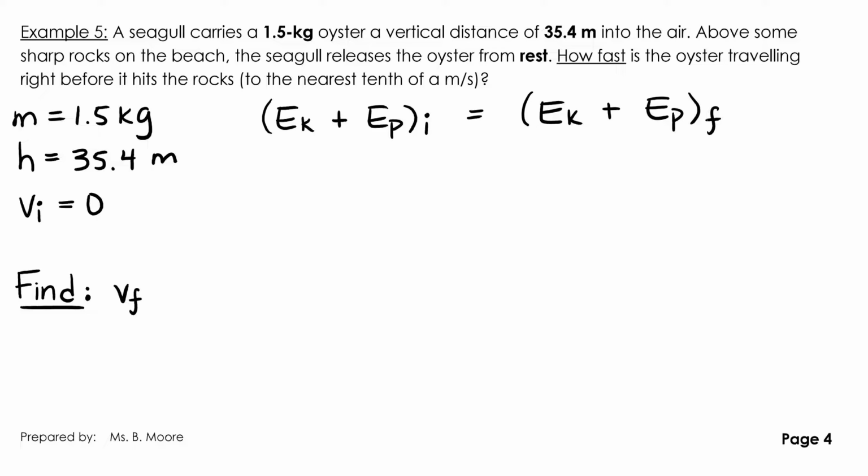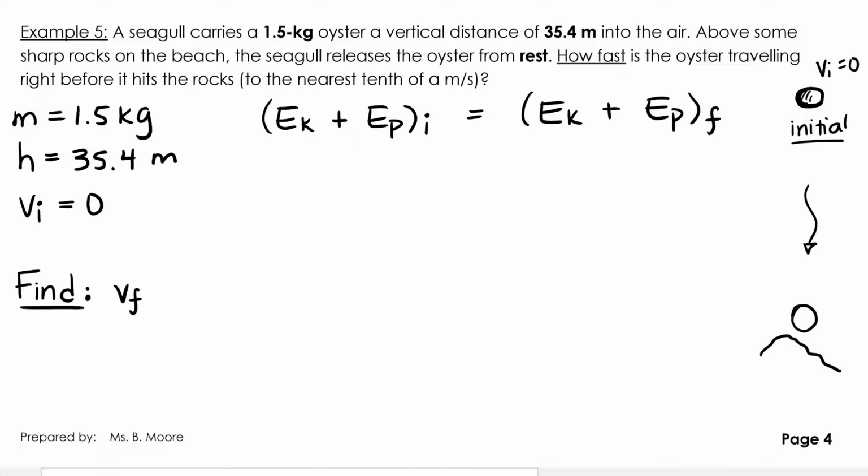Well, initially, the seagull has brought the oyster high up into the air, and it's not moving yet, so the initial speed is zero, and the seagull is about to drop it. This is what's happening initially. And then as the oyster falls, it gains kinetic energy, and right before it hits the rocks, it pretty much has zero height above the ground anymore. So we can say that the height is zero.